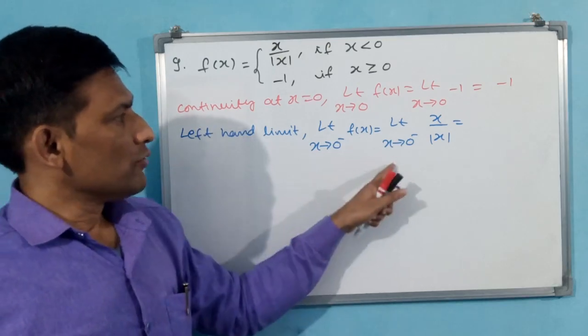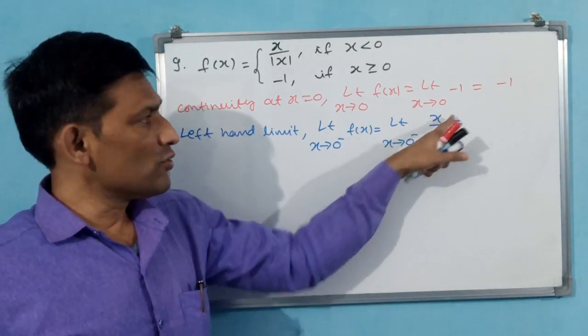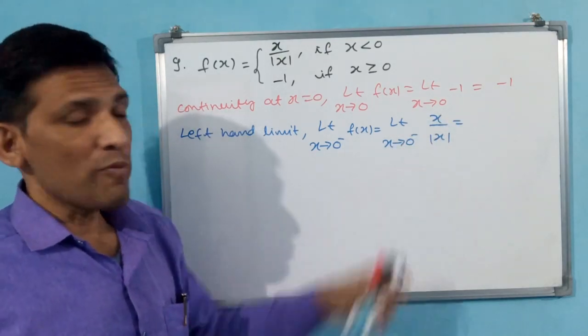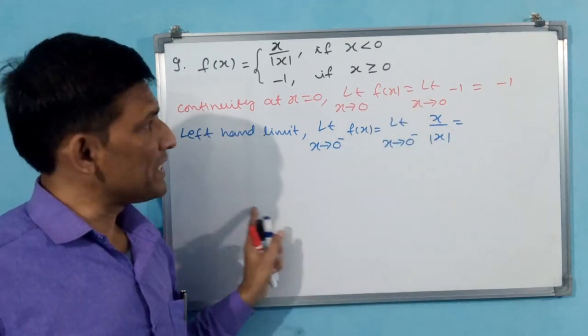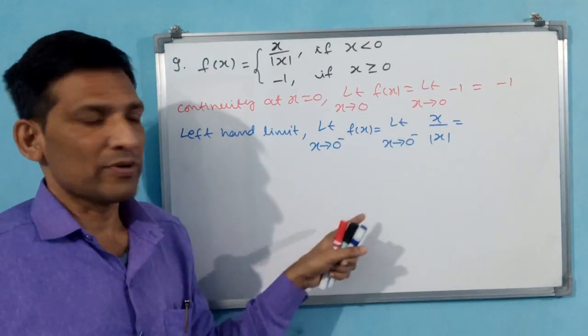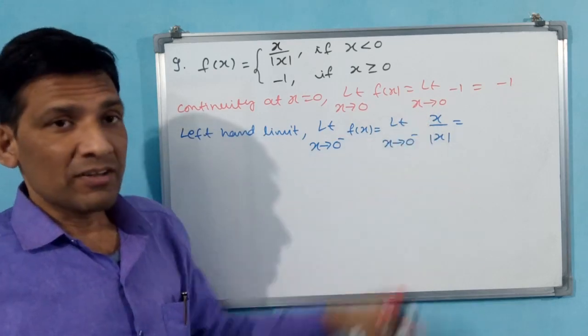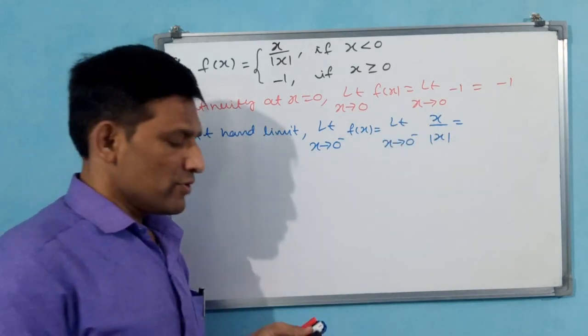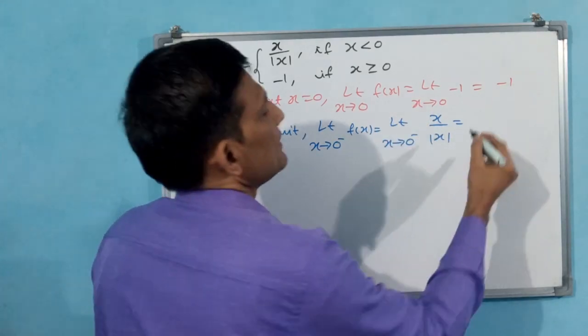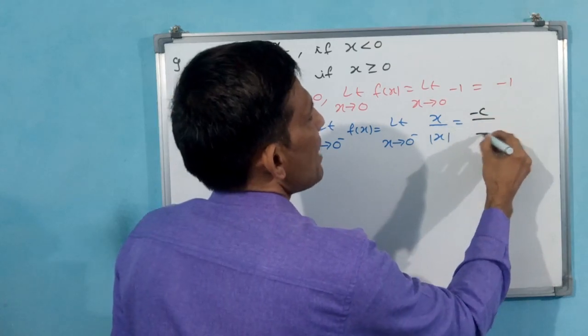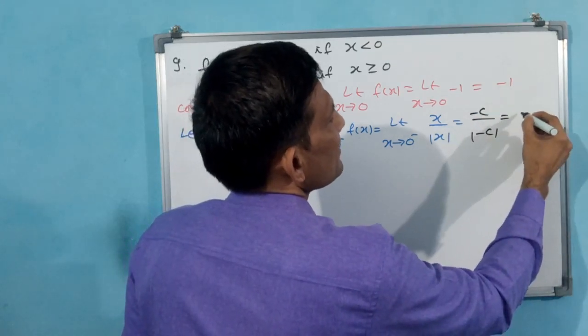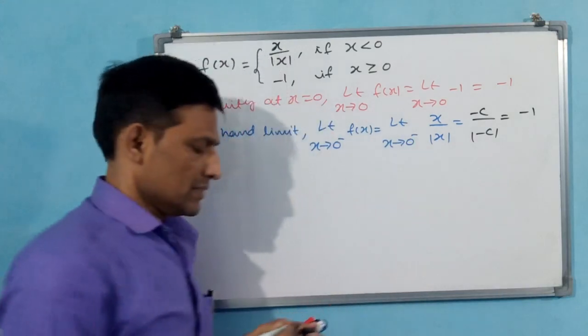Now you tell me, do you substitute or apply 0, 0? No. Why? Because while division, see if multiplication is there, then 0, 0 you can put. But while division, automatically what you are going to do? You are going to do minus x. Minus x by modulus of minus x, that is equal to minus 1. Why?